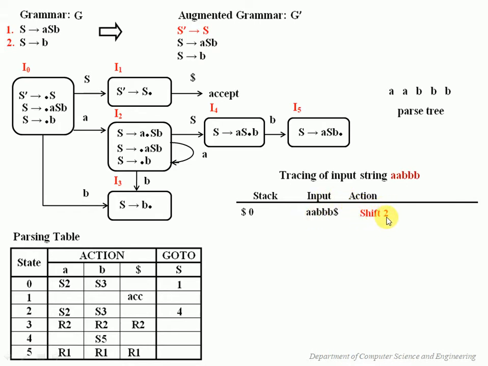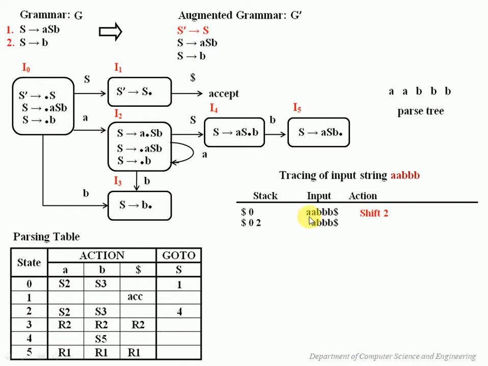You have to push the state 2 onto the stack, so that 2 will be the new top of the stack, and you have to advance the input pointer to the next input terminal. Okay, so that we will see here. So 2 is pushed and the input is advanced.